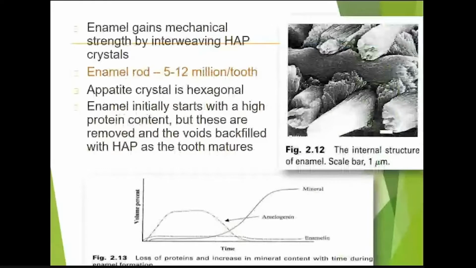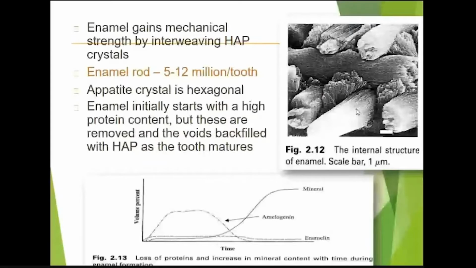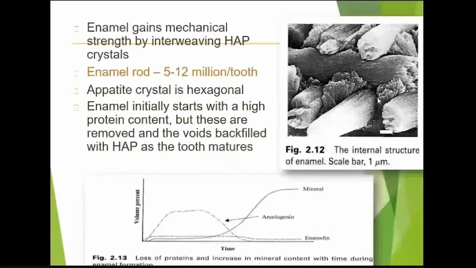Enamel gains mechanical strength by interweaving hydroxyapatite crystals. These hydroxyapatite crystals are what form the tiny crystals of the enamel, we call it hydroxyapatite crystal.